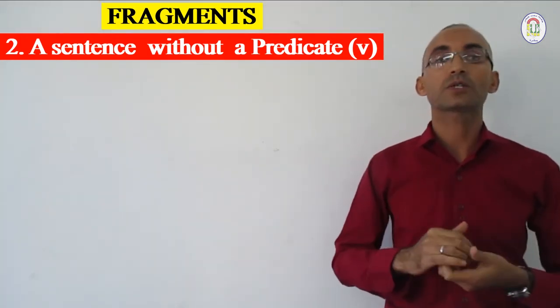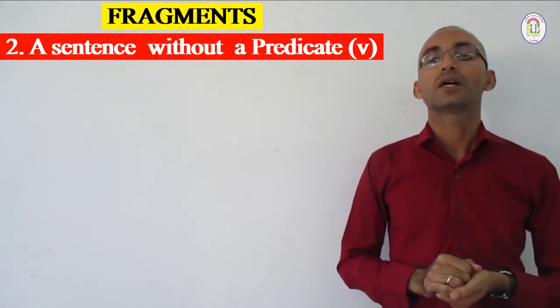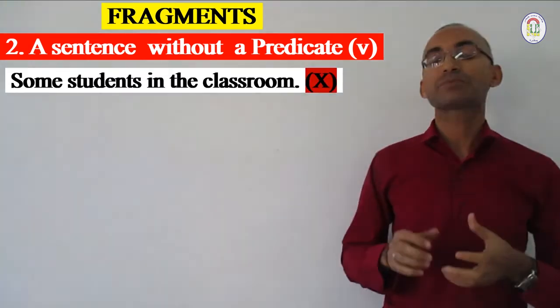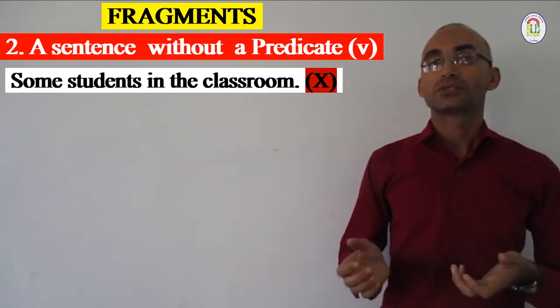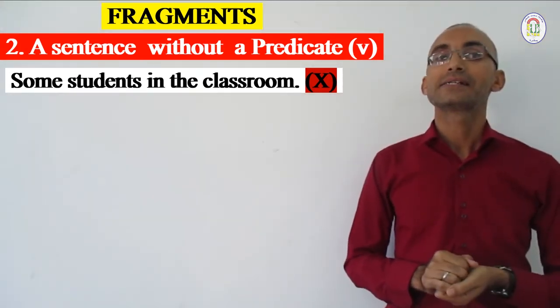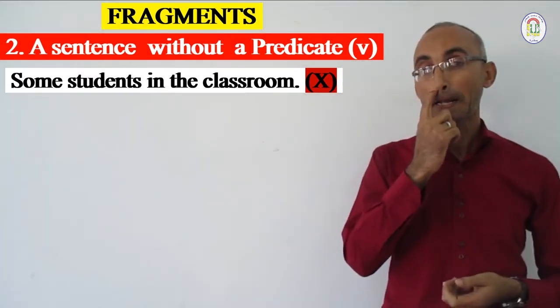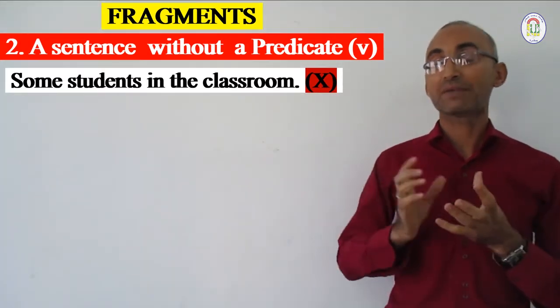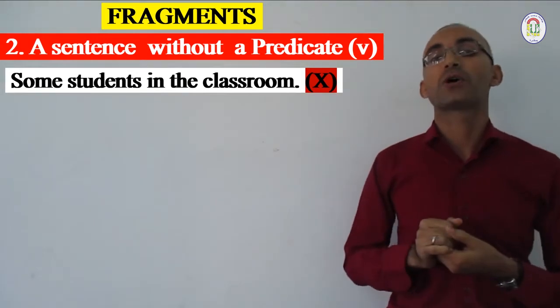Second case, when we have a group of related words without a predicate, or a verb. For example, I can say, "Some students in the class." Now here, I have a subject, I have the other parts, but I don't have a verb.